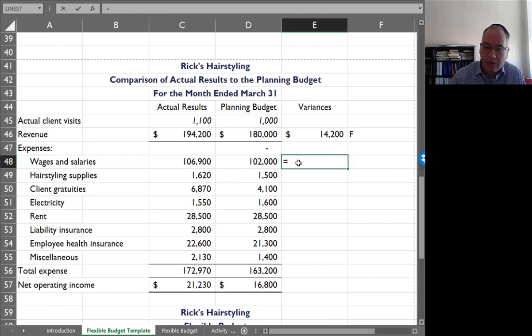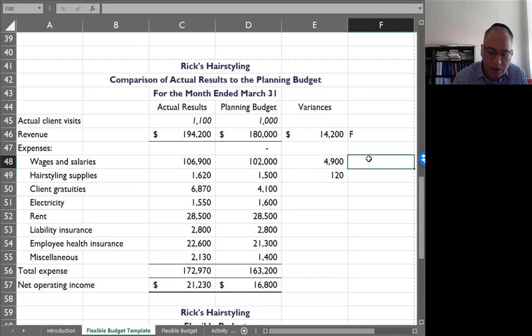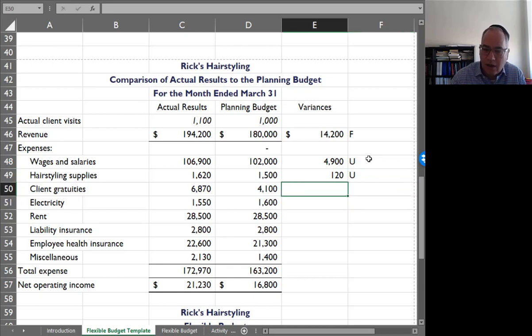Wages and salaries would be 106,900 minus 102,000, or 4,900. Hairstyling supplies would be 1,620 minus 1,500. So expenses were higher, that would be unfavorable. Client gratuities were higher, 2,770, so that would be unfavorable.